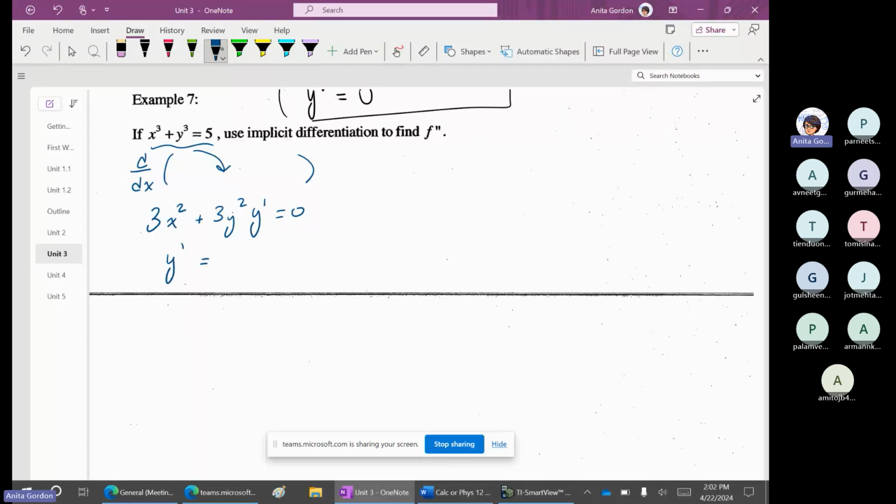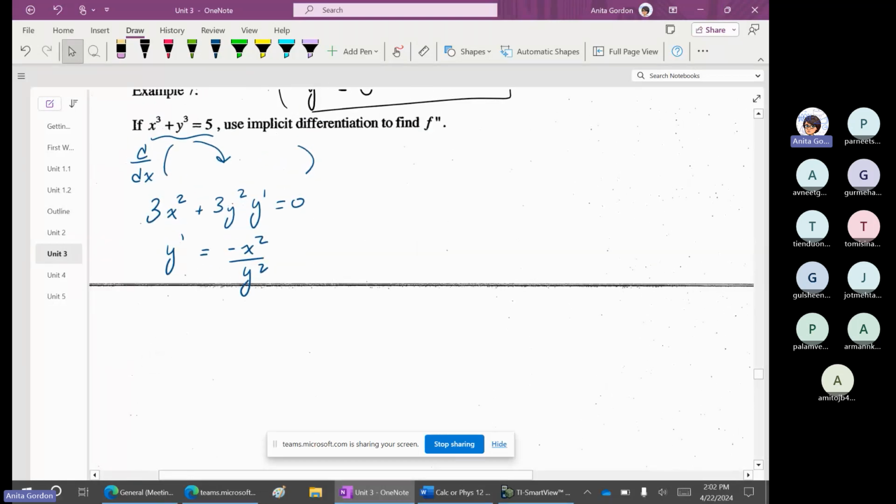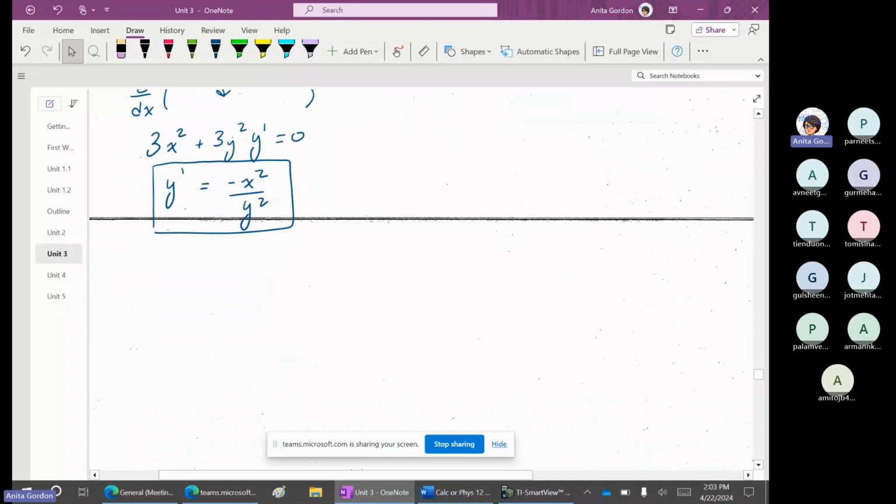Y prime equals negative x squared over y squared. Are we okay with that? Okay, trickier when it comes to y double prime, because we are going to have a couple of substitutions. This will represent y prime.